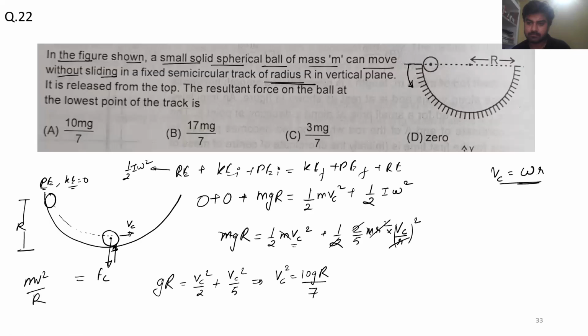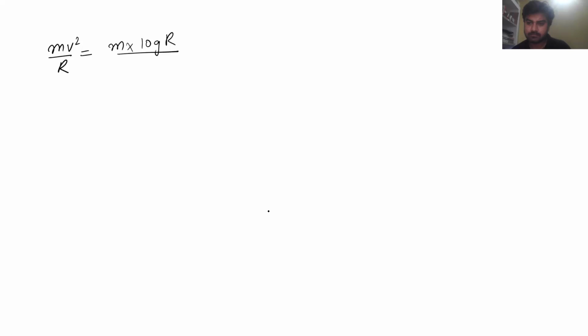What is asked? mv square by r, which is equal to 10 gr by 7.